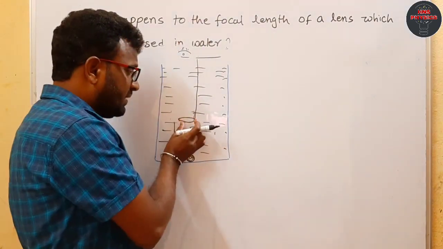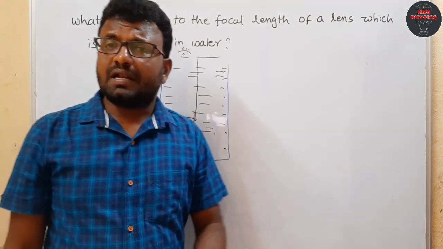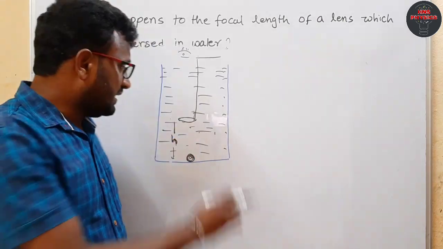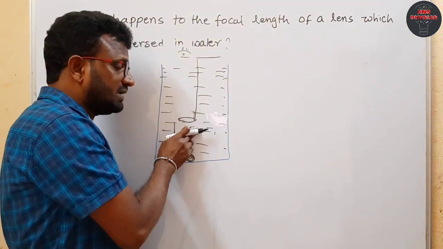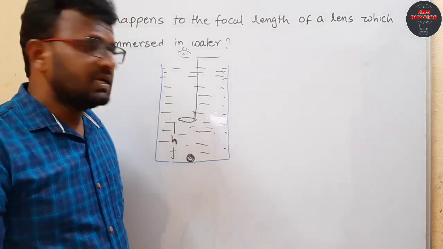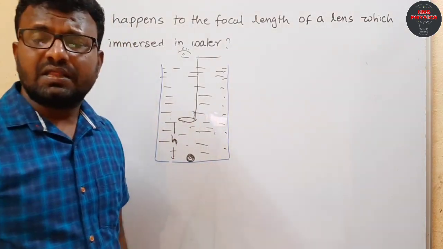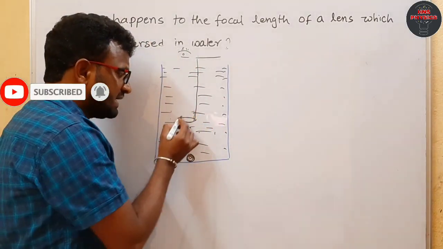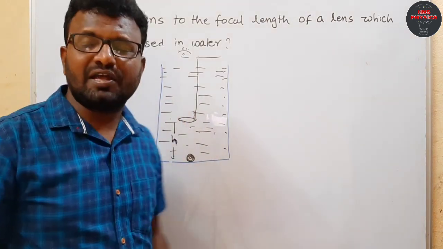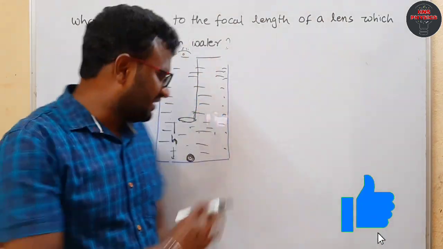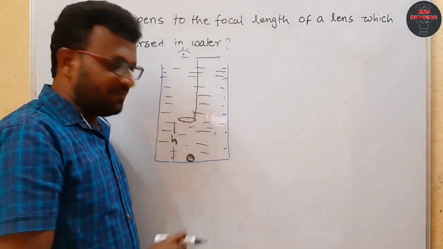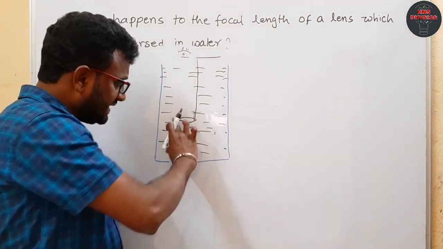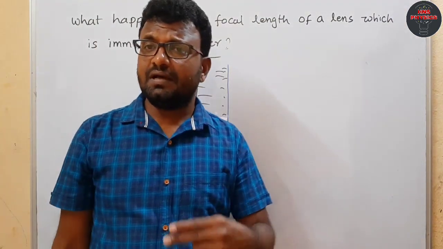When the lens is surrounded by water, the relative refractive index of glass and water decreases. When it decreases, the focal length of the lens increases. So at the same height where we got the virtual image when it was in air, we cannot see the image.